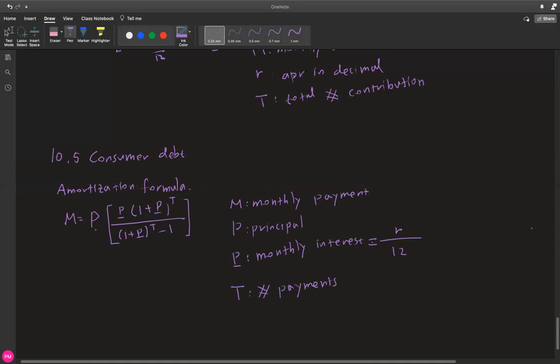One tricky example that I did with the consumer debt was the refinancing of the house. I actually went over that exact example, but you should be able to find it in the textbook. If you go on your Pearson, there's an e-textbook.